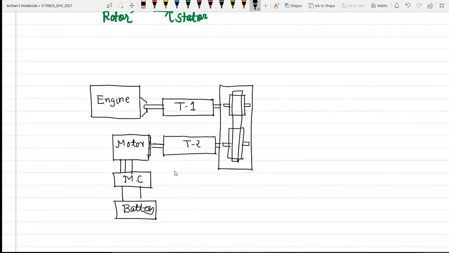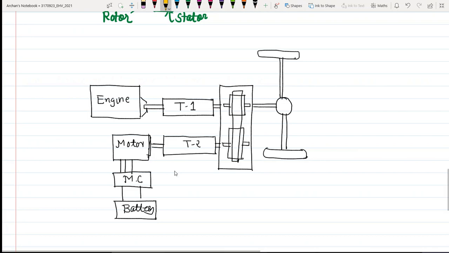And then these shafts are connected to the main drive, or it is also called the differential, right? And then the differentials are coupled to the wheels of a motor. Okay. So this particular configuration is my two shaft configuration or two axle configuration, right?